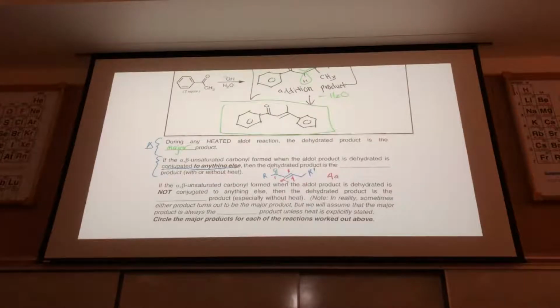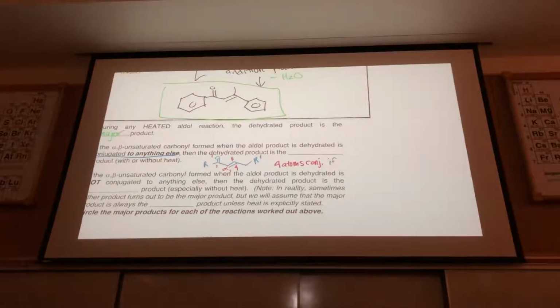So 4 atoms conjugated. That does not mean it's conjugated extensively, right? So we say it has extended conjugation if you go beyond 4 atoms, because by definition it already has 4 atoms conjugated. If R prime can be conjugated to number 4, then we have extended conjugation.